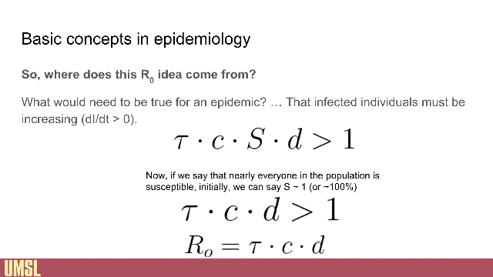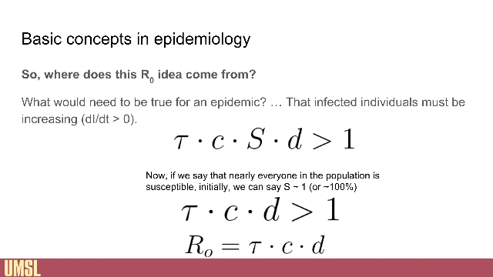And if I move things around, divide by I, move things to the other side, I can end up with tau CSD is greater than 1, right? So where does this R naught come from? There's one last assumption that's made: if we say that everyone in the population is susceptible initially, we can say that S is approximately 1 or 100%, right?